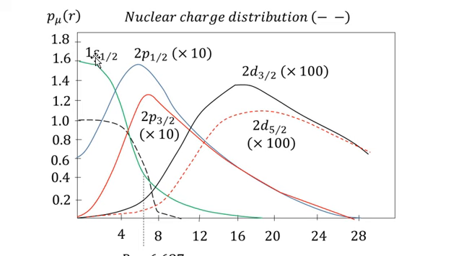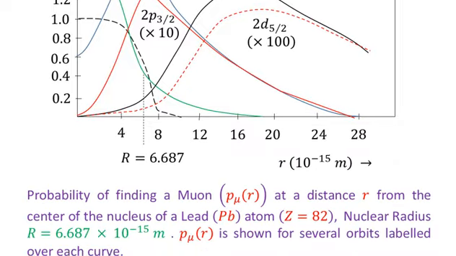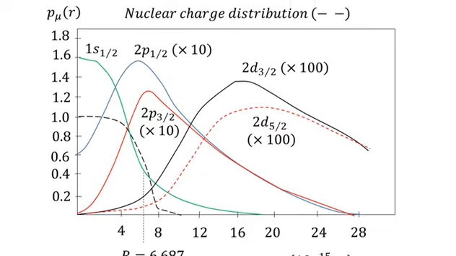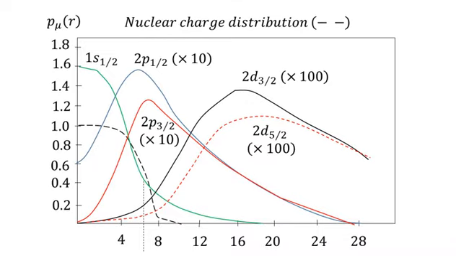Since we are talking about a single muon revolving around the nucleus in the muonic atom of which atom? That is, we are talking about the lead atom. You know that here we have Z equal to 82, and the lead atom has captured the muon, forming a muonic atom.